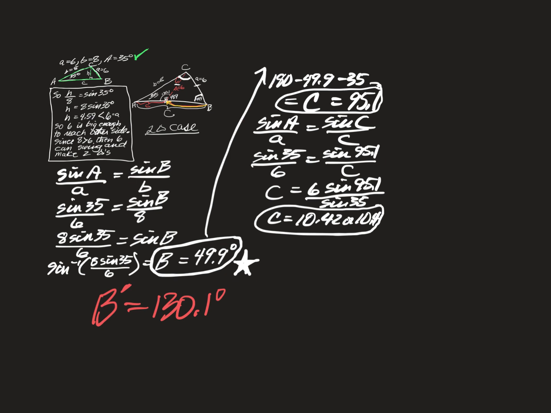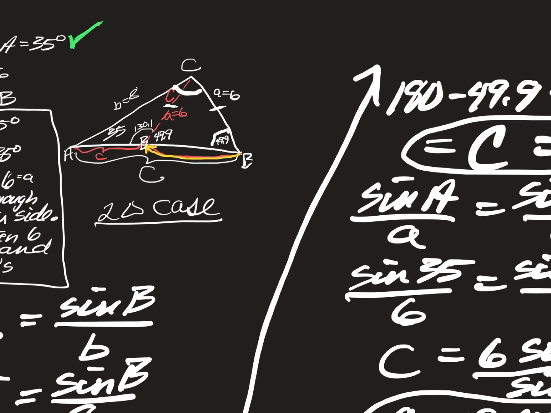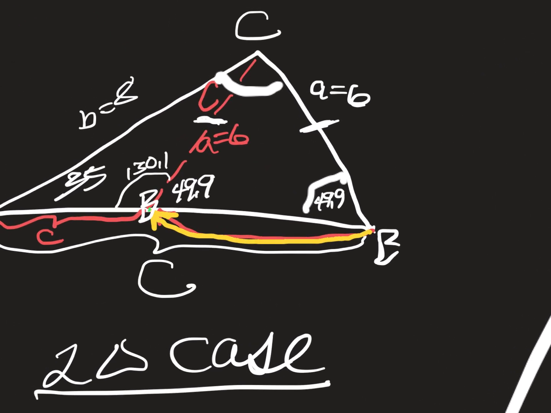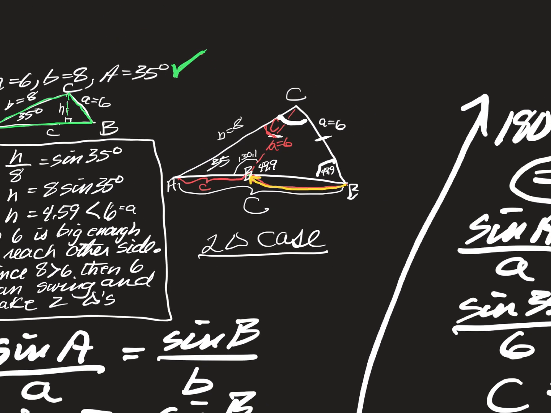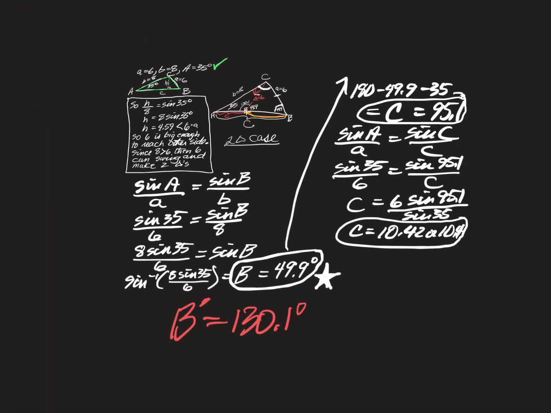All right. Now, since we have two angles in that triangle, we can find angle C, the skinny angle in that one, which is this angle right here. Okay, so we're going to find that.